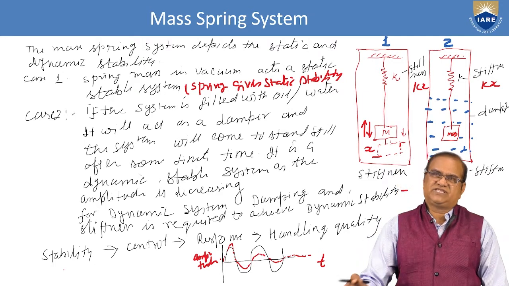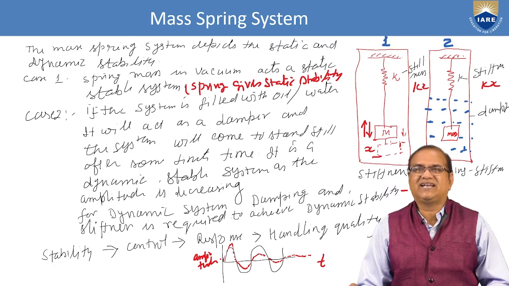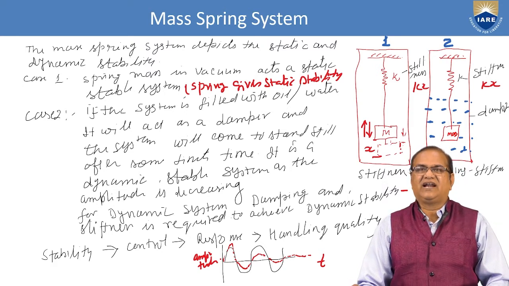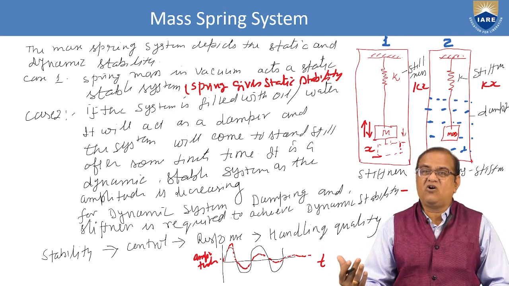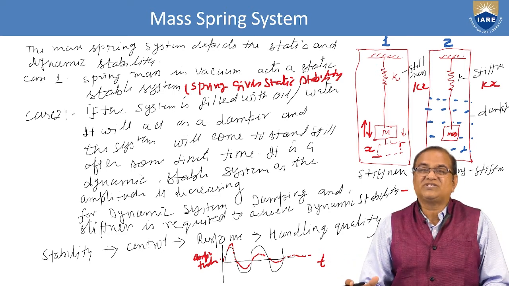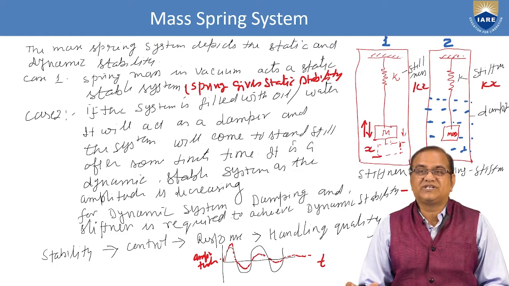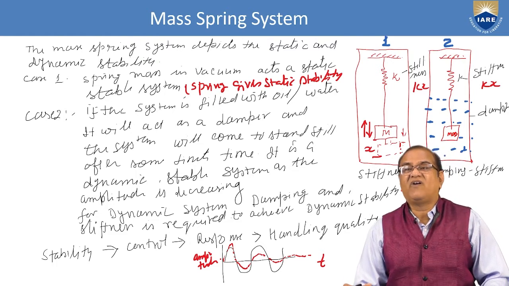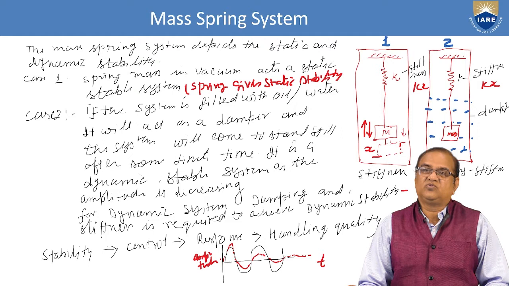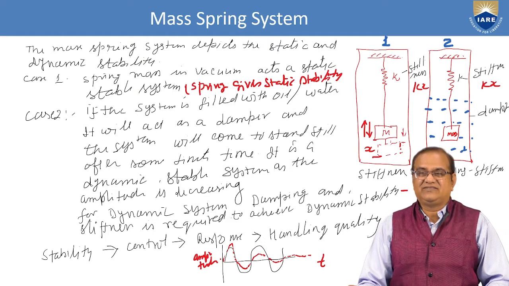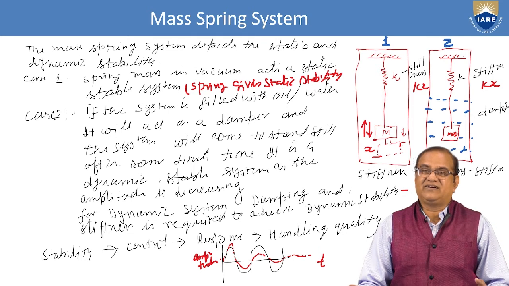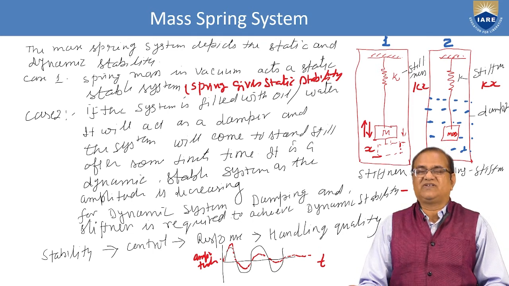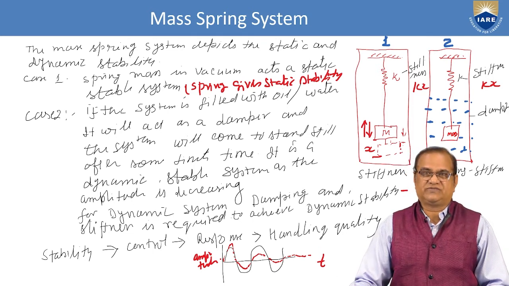The aim of this course is to understand the stability, then understand the control, then understand the response, how much time it takes to come to its equilibrium, and then to understand the handling qualities of the aircraft. So these are the motto of this course.